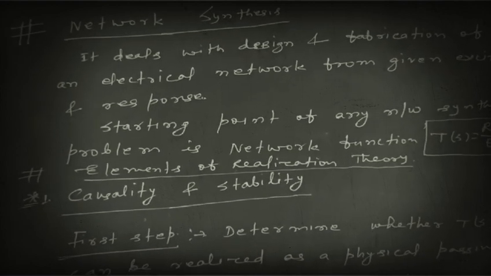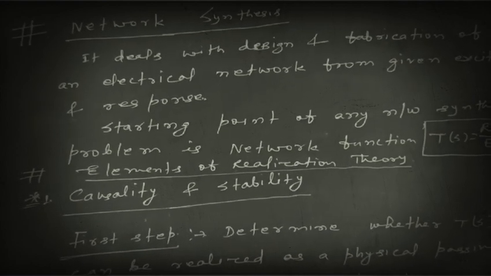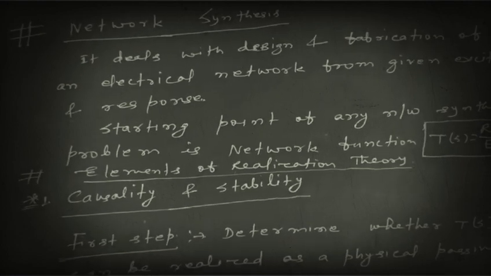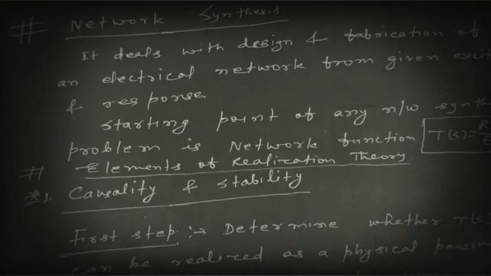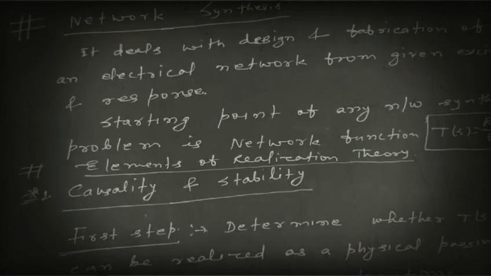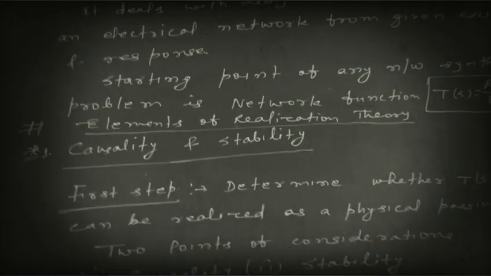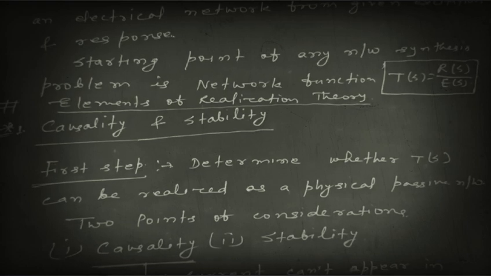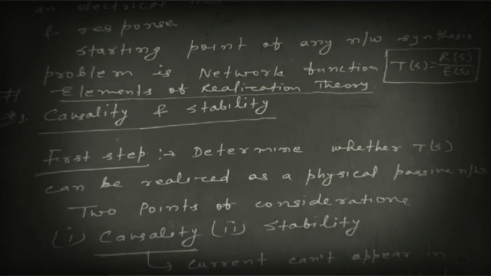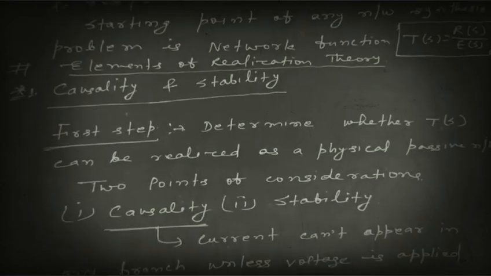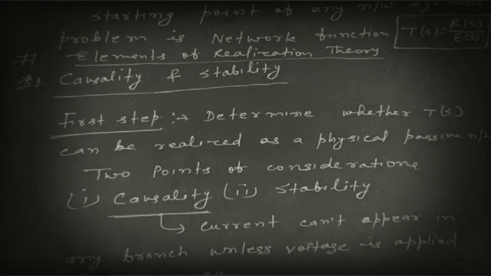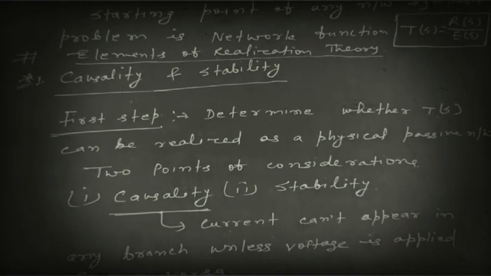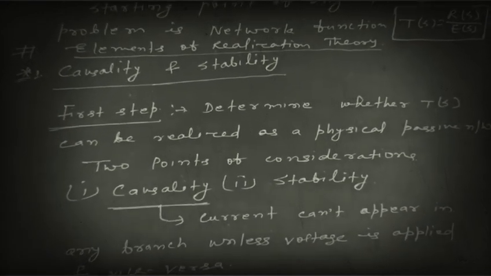For this we have the elements of realization theory. We have the first part, that is causality and stability. So let us see what is causality and stability. Causality means, from the concept we know, that a current cannot appear in any branch unless voltage is applied.